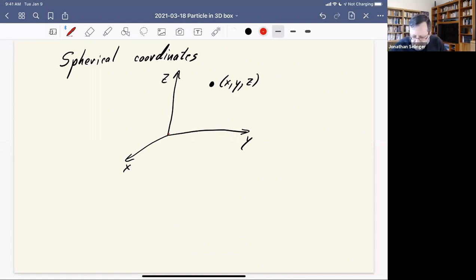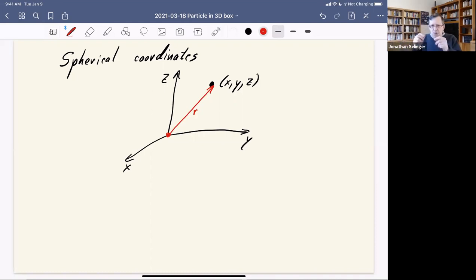Let's think about where the point is located with respect to the origin, and say, well, one thing that I care about a lot is what's the distance out from the origin. So the distance out is some distance little r, not a vector, but a scalar, the magnitude of the distance out.